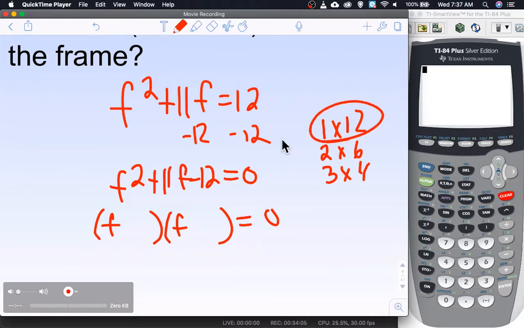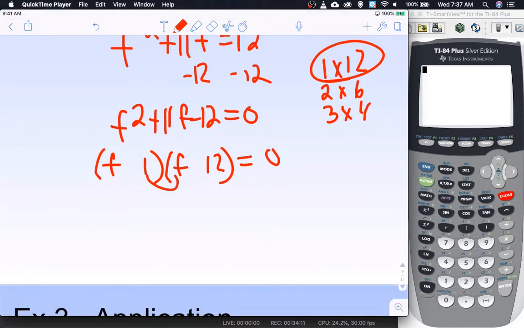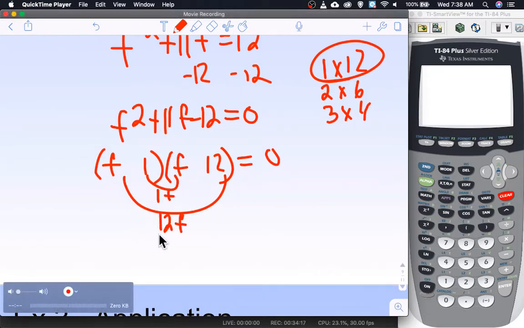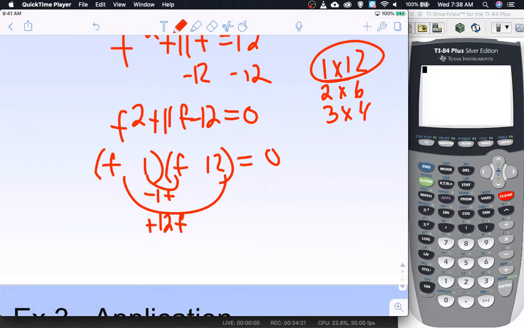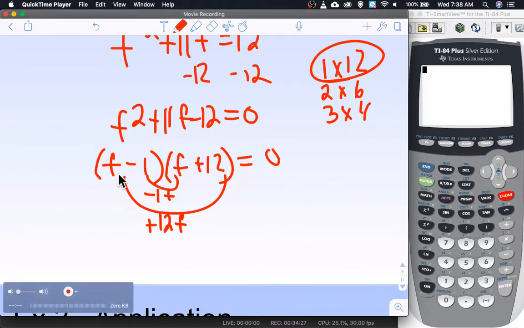I think it's going to be that one. A 1 and a 12. 1f, 12f. To get a positive 11, I need to have positive 12 minus 1, which means the signs would look like this. And I check. Firsts are good. Middles, positive 12, negative 1 is positive 11.